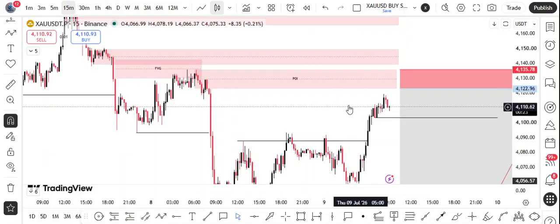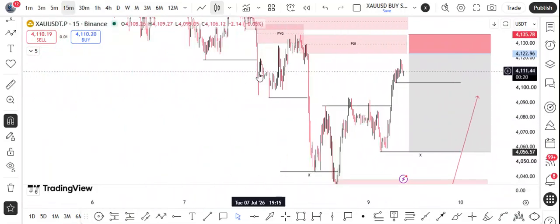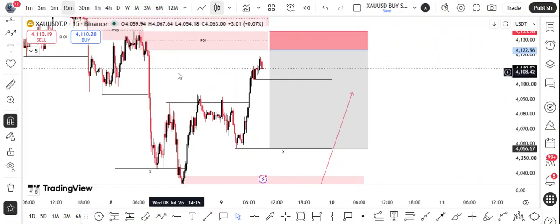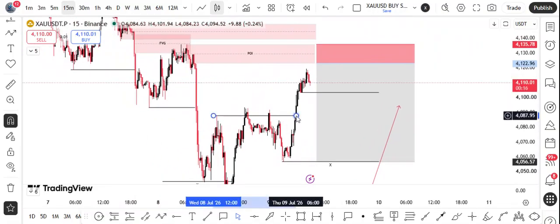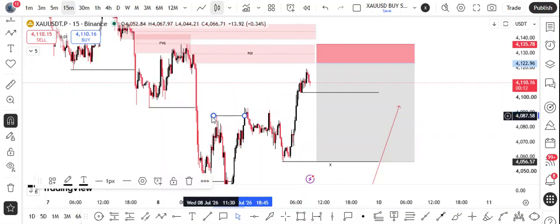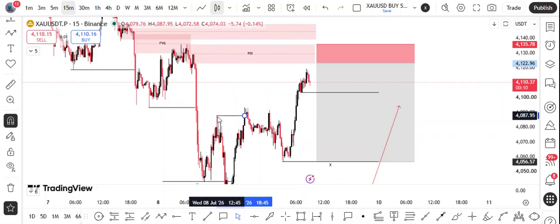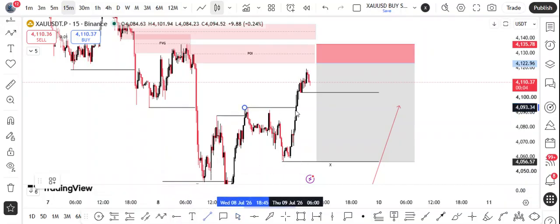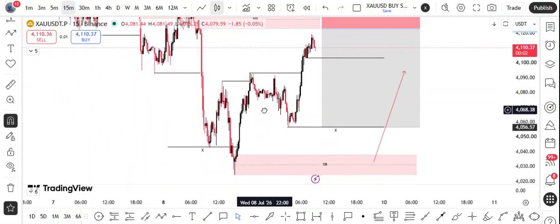So for me, this is how I'll trade gold today or tomorrow, given that we have all of these in place. We have now our break of structure here. So you can see that we are still bullish.